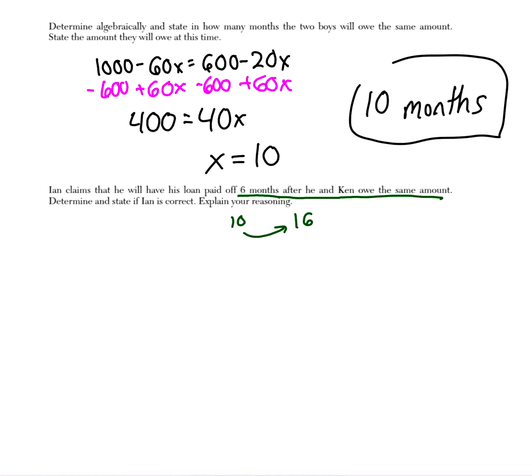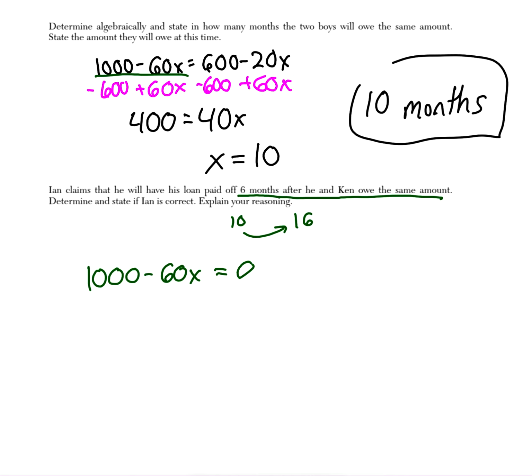So remember, Ian was on the left side, so he was 1,000 minus 60x. So 1,000 minus 60x is Ian. And if he has it completely paid off, that should equal 0. So when is he gonna have absolutely no money owed to his parents?